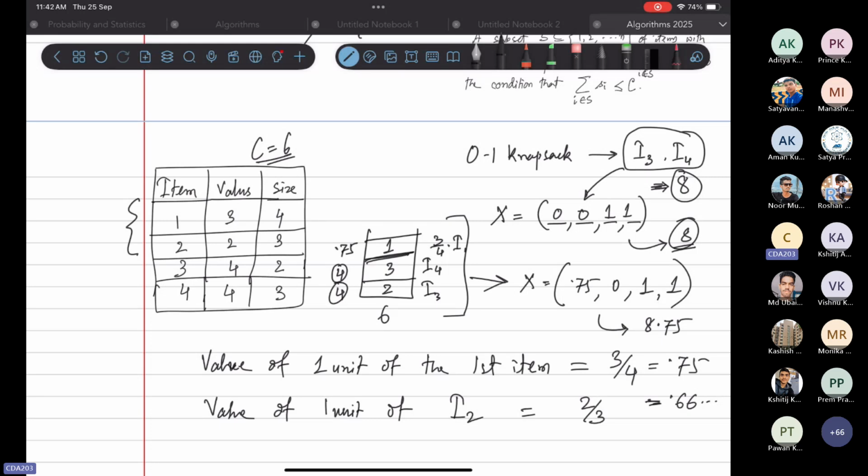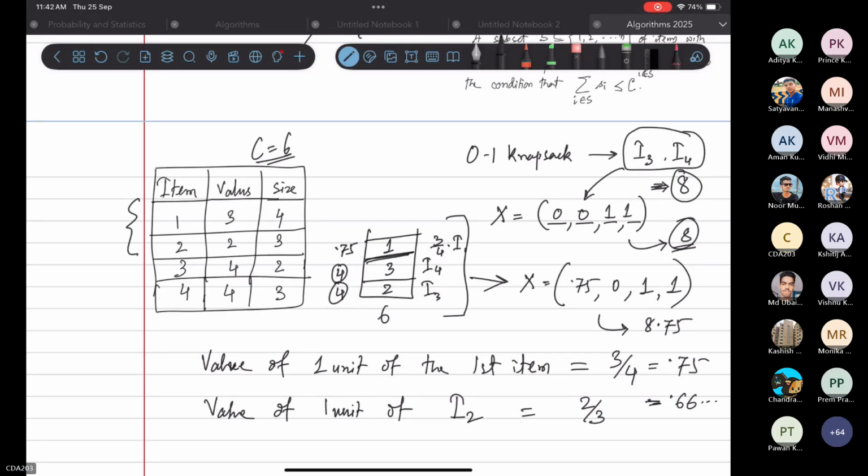If my capacity of the knapsack allows me to take the full item, I'll take that. If it doesn't allow me, then I take some fraction of that item according to the remaining capacity.